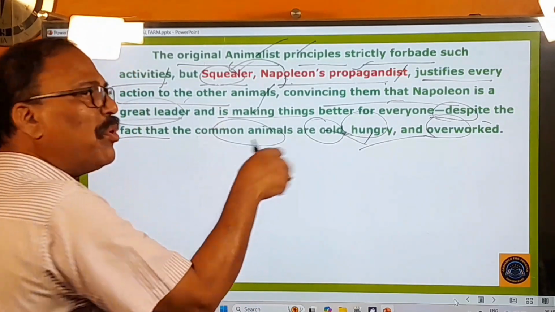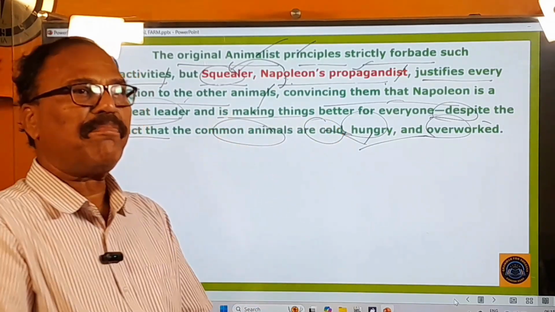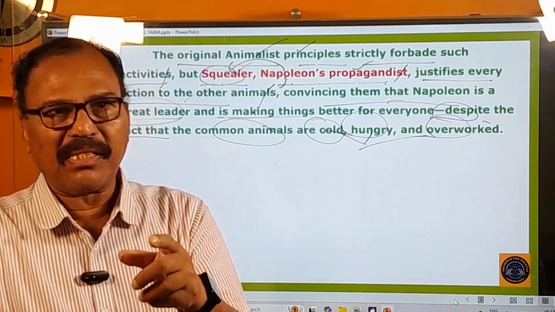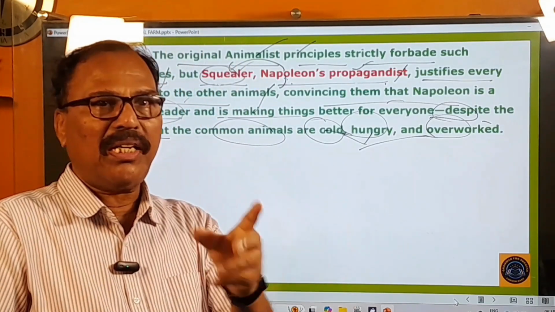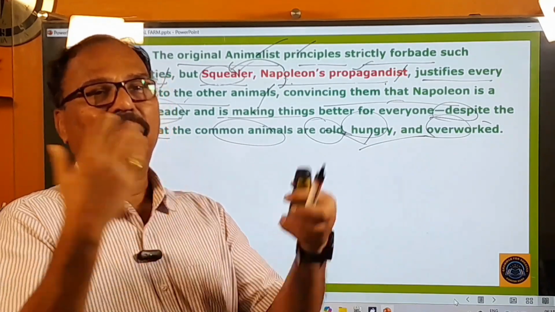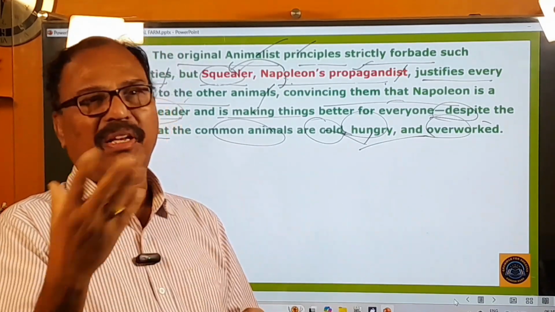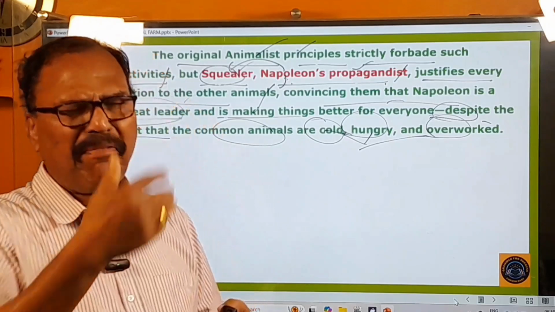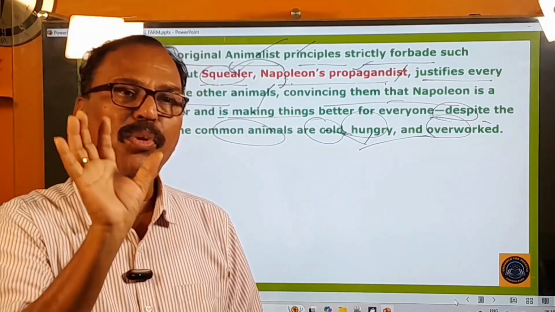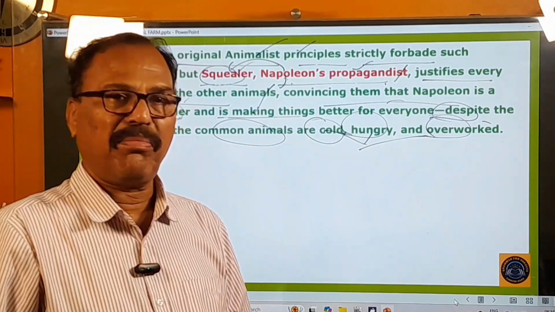So in the political scenario also, some persons will be there. Whatever the main leader says and does, the other leaders will say is very good for the welfare of the state, for the progress of the state. In every government there will be some people supporting the decisions of the main leader.